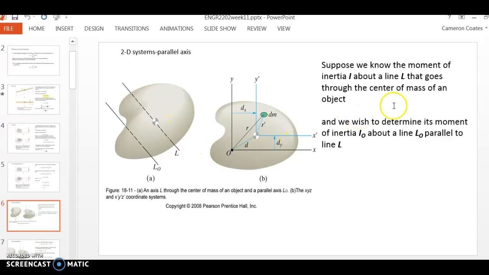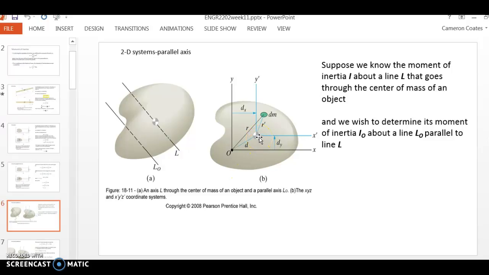So suppose that we know the moment of inertia about a line L that goes through the center of mass of a particular object, and we want to determine the moment of inertia about another line that does not go through the center of mass but is parallel to that first line. So L subscript O, for example, is parallel to L. I'm going to set up my diagram as such.